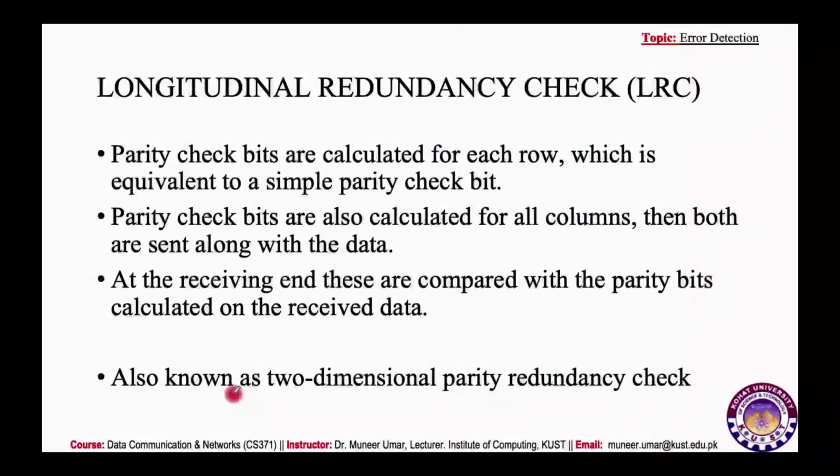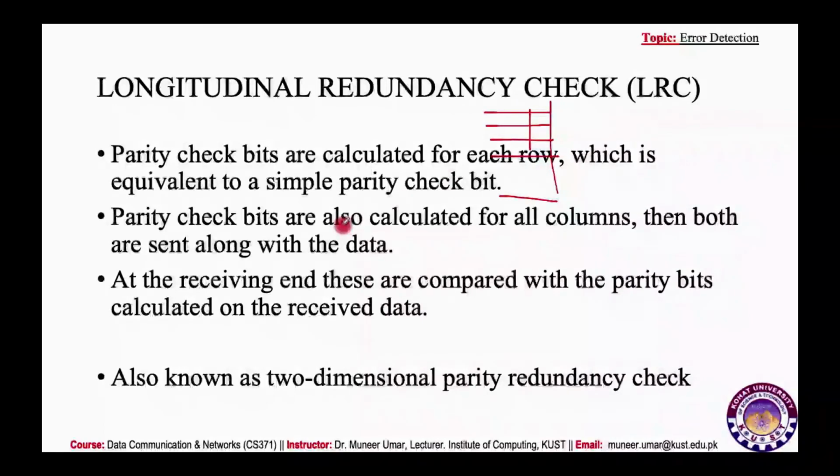Then we have longitudinal redundancy check, LRC. Parity check bits are calculated for each row, which is equivalent to simple parity check bit. This is actually a two-dimensional parity redundancy check, and in this check we take multiple bytes and calculate their parities under those bytes.